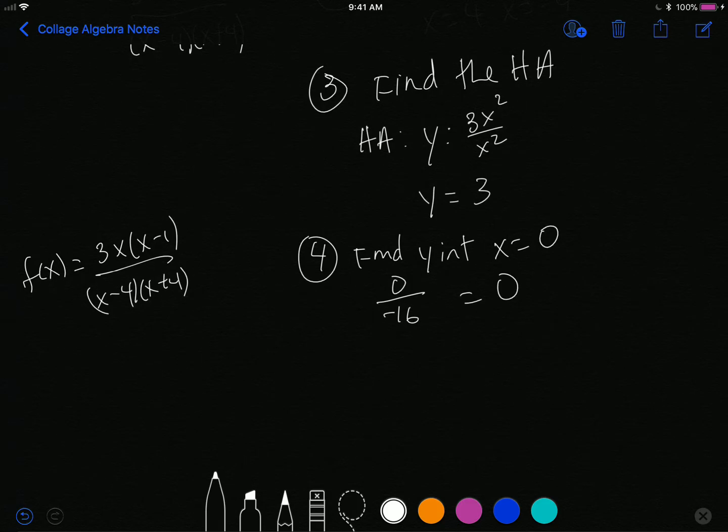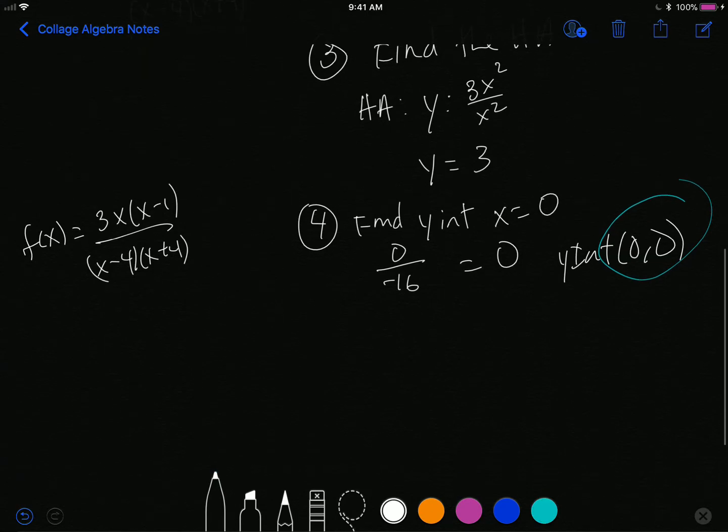So the y-intercept is 0, comma 0. Which, by the way, tells us that one of the x-intercepts will also be 0, comma 0. The origin is the only double intercept. It's automatically both your x and your y intercept, which I always find interesting. Don't you?